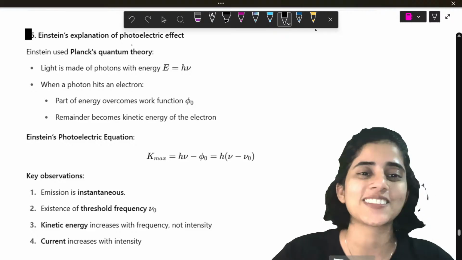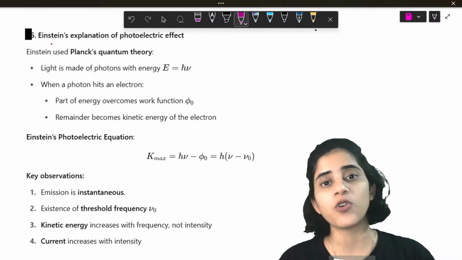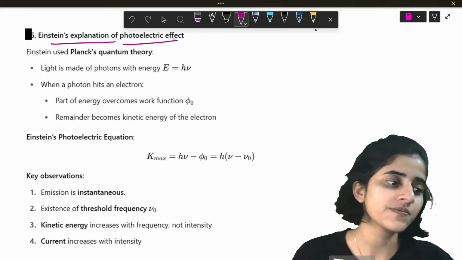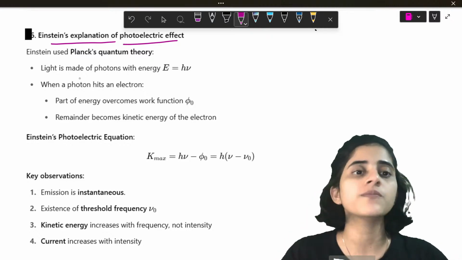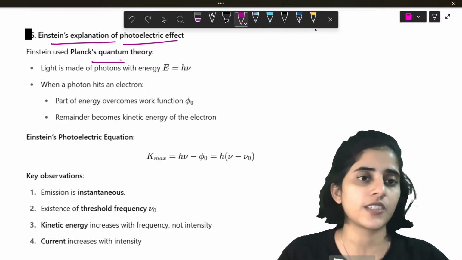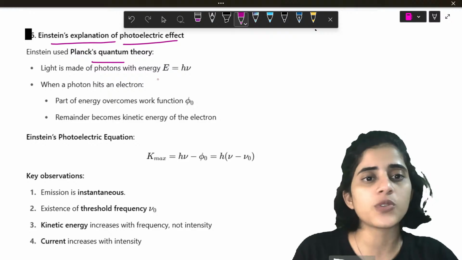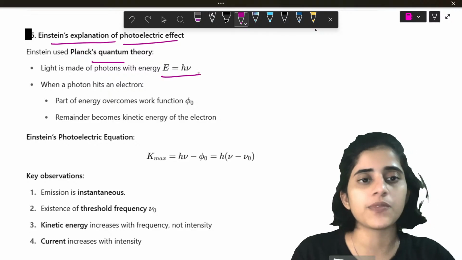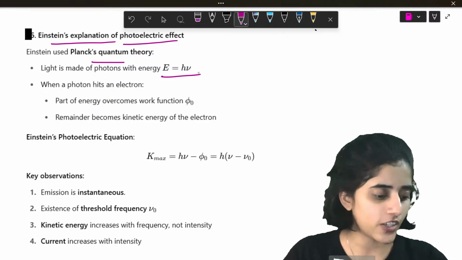Next is the explanation of the photoelectric effect. Einstein's explanation of the photoelectric effect. So Einstein used Planck's quantum theory, and he says that light is made out of photons with energy E is equal to h nu.